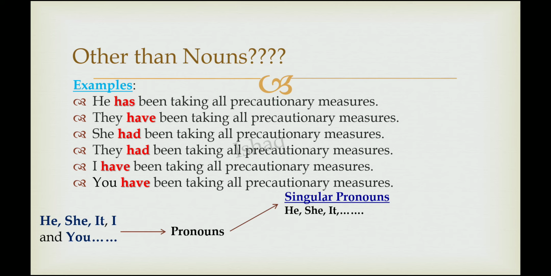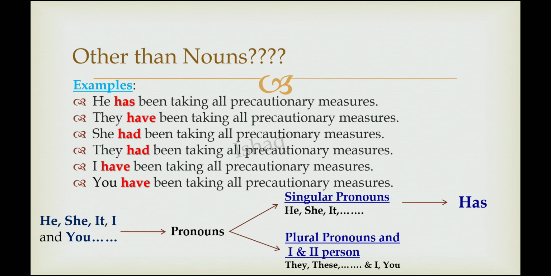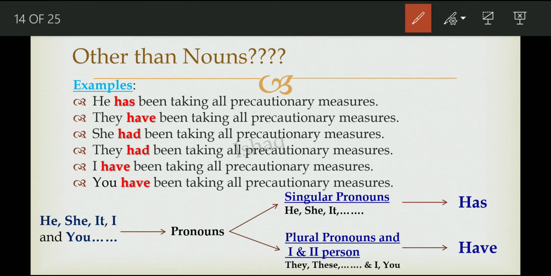For singular pronouns like he, she, it, this, whatever, any singular pronoun, we use has. Very important. And if it is a plural pronoun, or first person or second person, we use have. Hope it is very clear.